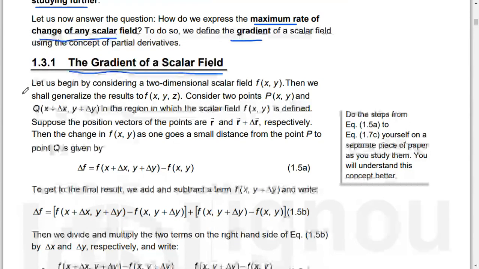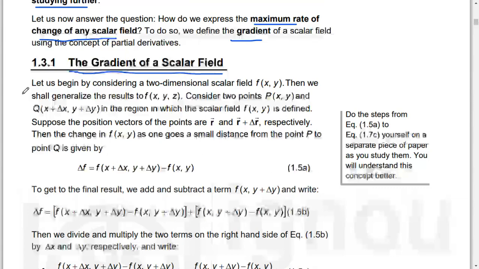Let us begin by considering a two-dimensional scalar field f(x,y). Then we shall generalize the result to f(x,y,z). Consider points P(x,y) and Q(x plus delta x, y plus delta y) in the region in which the scalar field f(x,y) is defined.